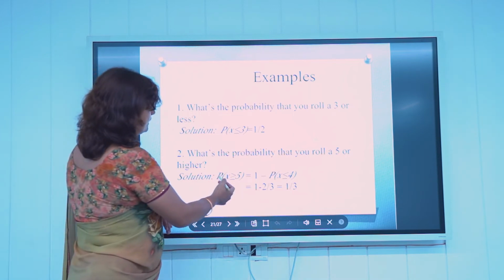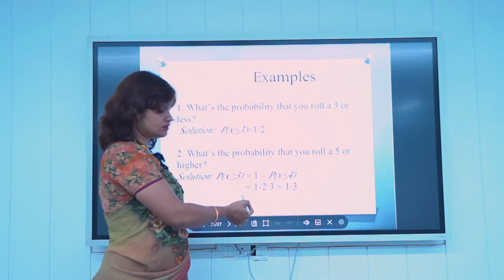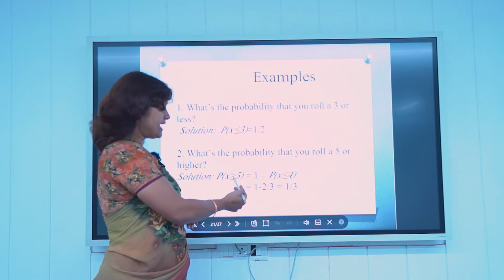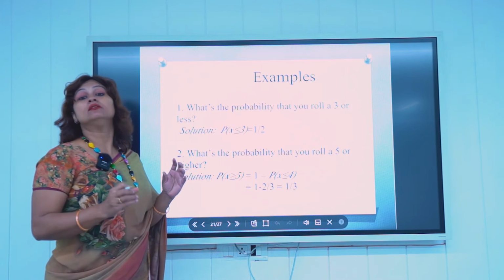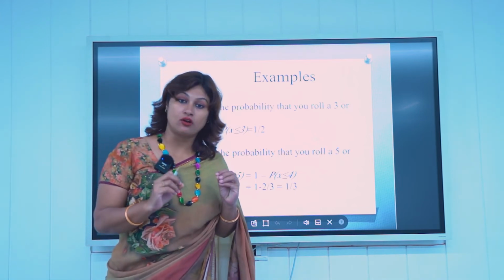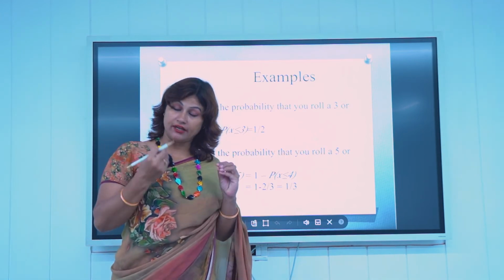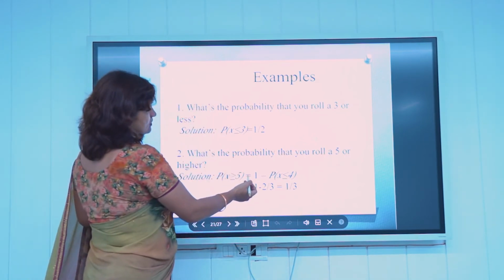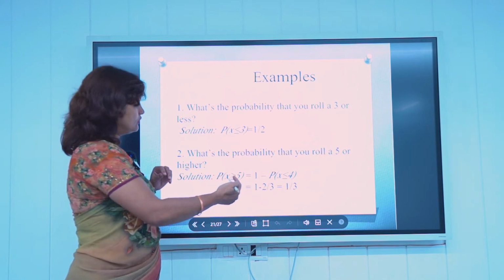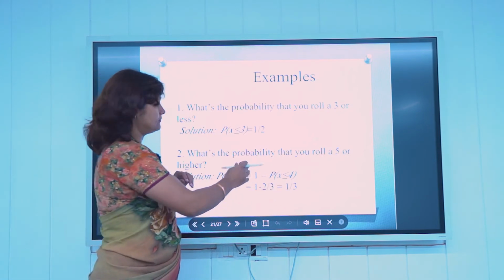Then the probability will be written with this expression, where P stands for the probability, x stands for the random variable, and 5 stands for the number for which we have been asked, that is the value of the random variable at that very moment. So it is 1 minus all the previous ones. You will get here 1 upon 3.